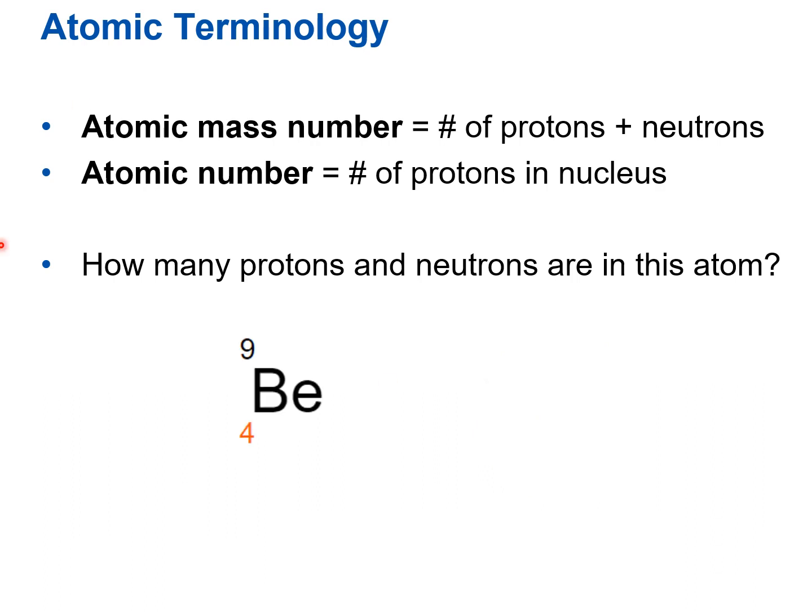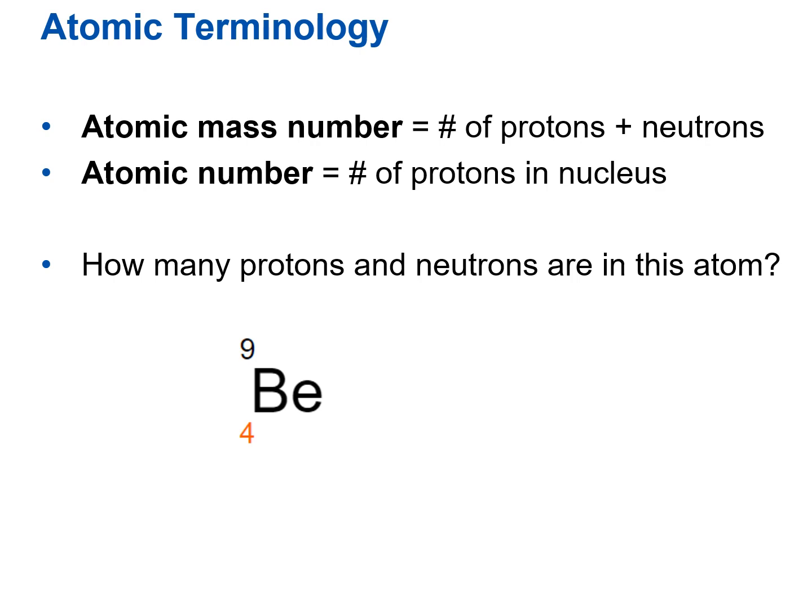Let's do another example. Now, by the way, you see that 4 down there and to the left. It's written in red. It doesn't always have to be written in red. That's just the way the graphic that I found has it written. We're looking at the element beryllium. And the question is, how many protons and how many neutrons? So we're going to look at the lower left hand. That's the atomic number. And it's 4.